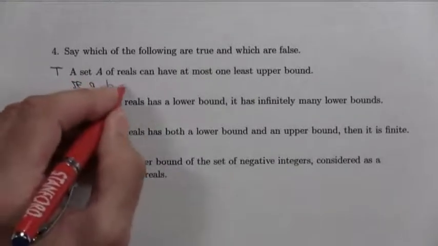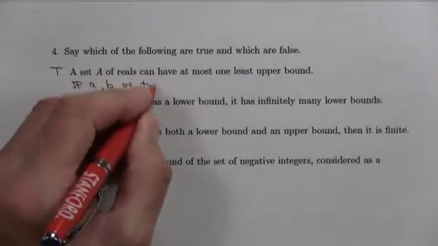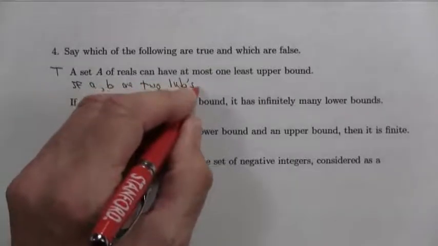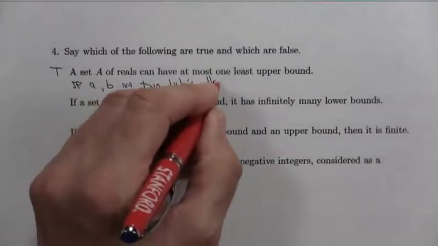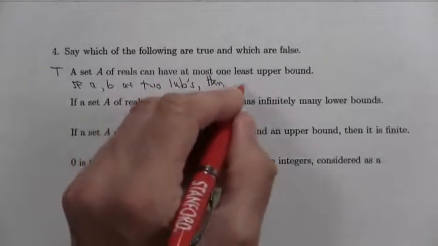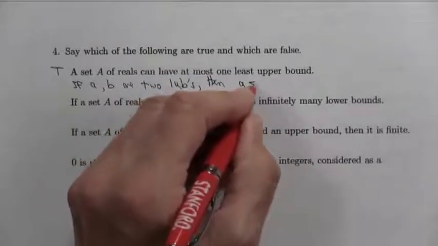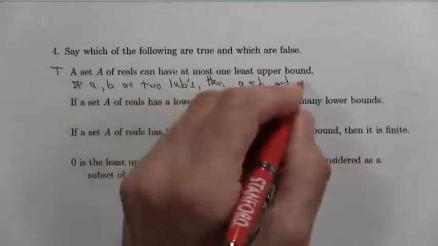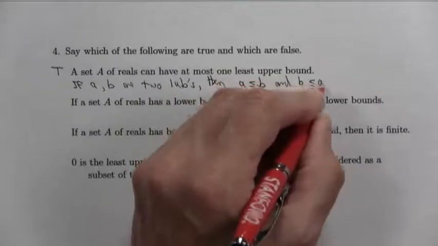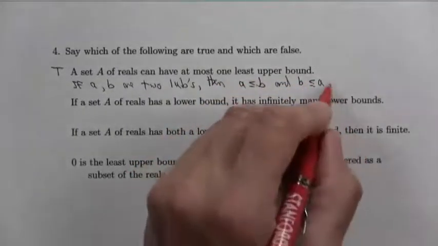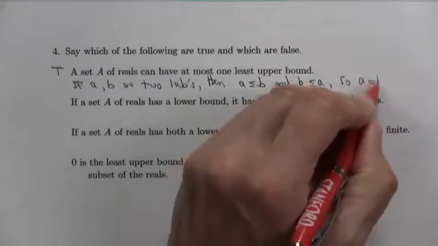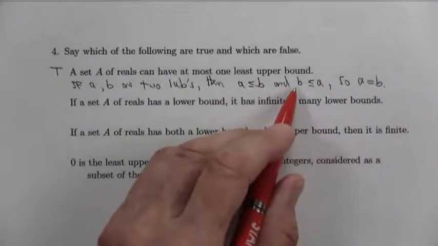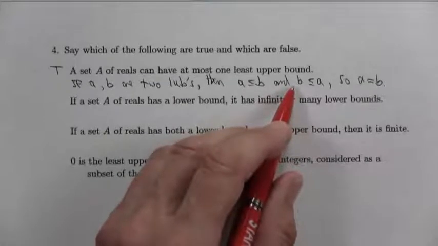Because if A and B are two least upper bounds, then because A is a least upper bound, and since B is an upper bound, you'd have A less than or equal to B, and because B is a least upper bound, and A is an upper bound, you'd have B less than or equal to A, so in fact A equals B. By being least, each one must be less than the other one, because being a least upper bound implies being an upper bound.